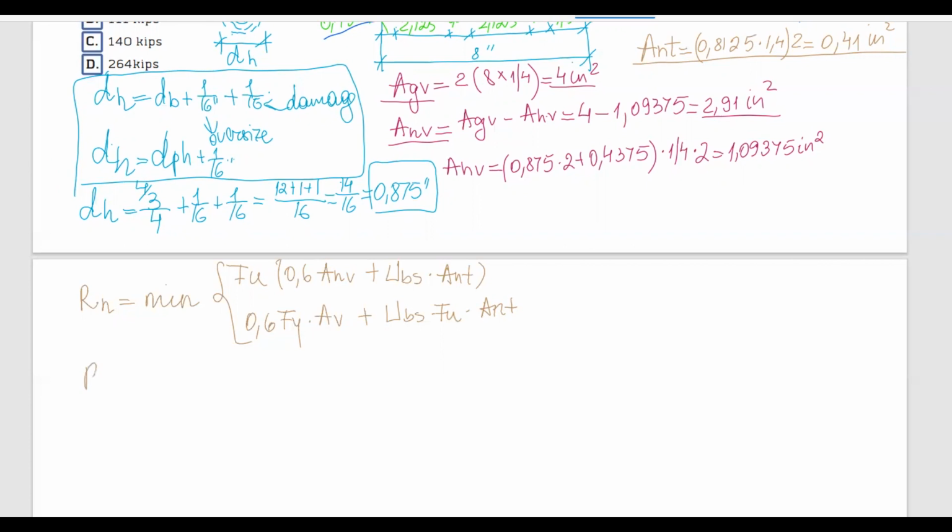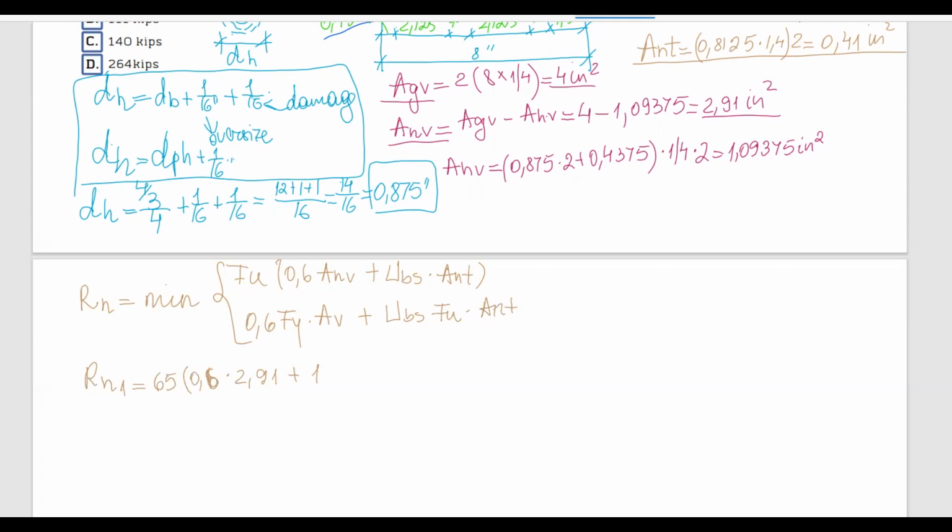So what I will do, I'll calculate the first formula, and I'll call it Rn1 equals to, we know Fu equals 65 ksi multiplied by 0.6 multiplied by Anv, net area in shear, is 2.91 plus UBS is 1.